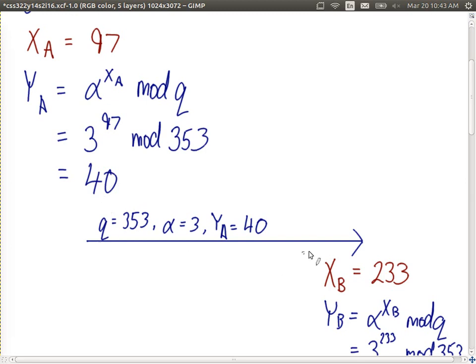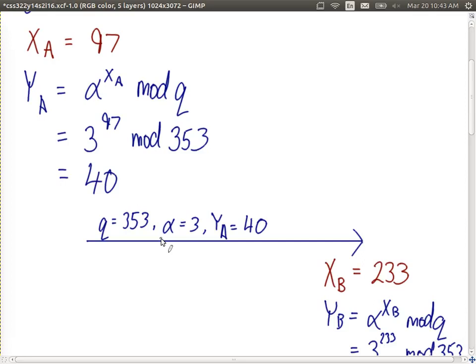And then they tell user B their public Y value and what we call the global public parameters, Q and alpha. So Q and alpha can either be exchanged in this message or maybe they were exchanged in the past. Okay, so they both know Q and alpha. And so does the rest of the world, the public values.